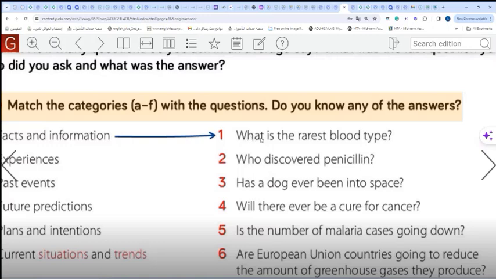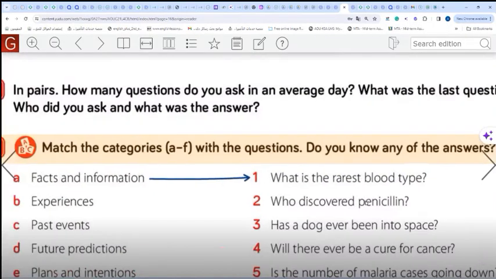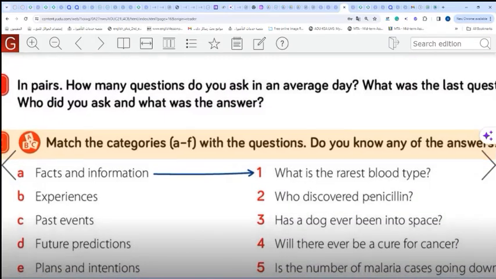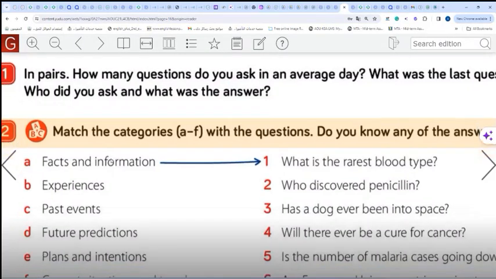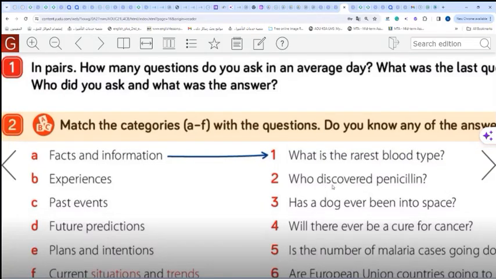What is the rarest blood type? So he's asking about a particular piece of information which is based on facts. So this is based on facts and information. But what about who discovered penicillin?